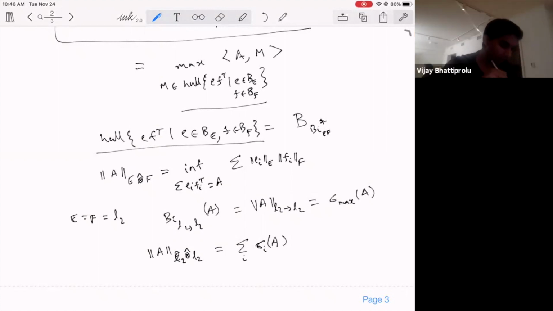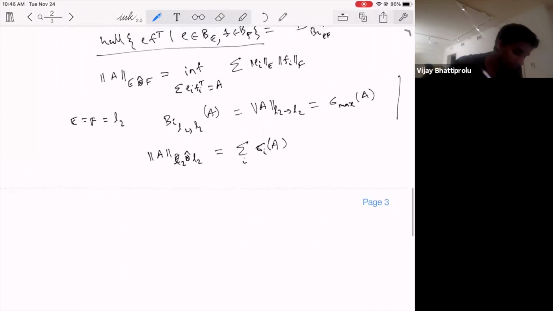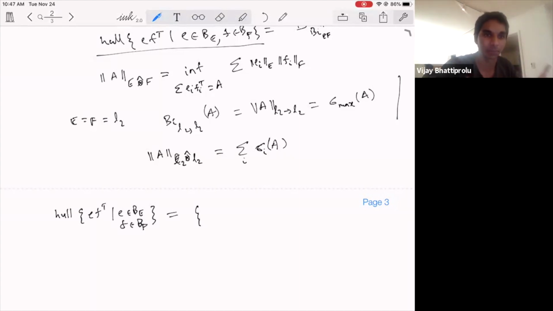Just to reinforce what I said earlier, this set, the hull of E F transpose such that E is in B_E, F is in B_F, is the polar of the set of bounded bilinear forms.